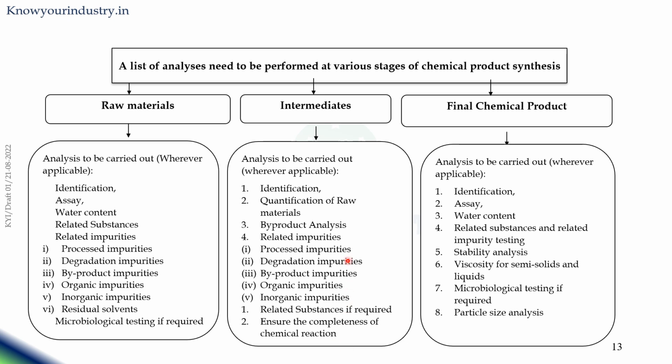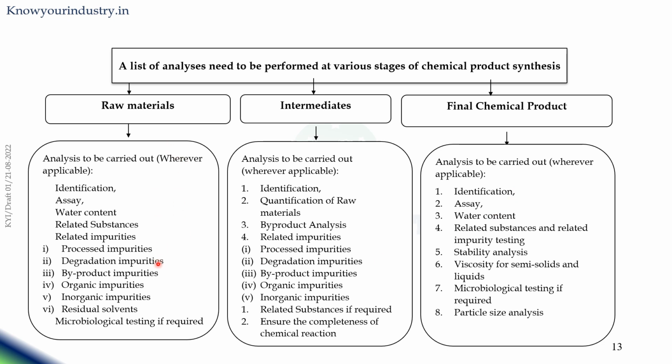Then, whether the synthesis process is going in the appropriate way, whether we are in the right direction or not, for that we need to have intermediates. So this intermediate analysis will be happening. These intermediates during the synthesis will be analyzed for various parameters. Then the final chemical product will be developed or manufactured, and that is also analyzed for various parameters.